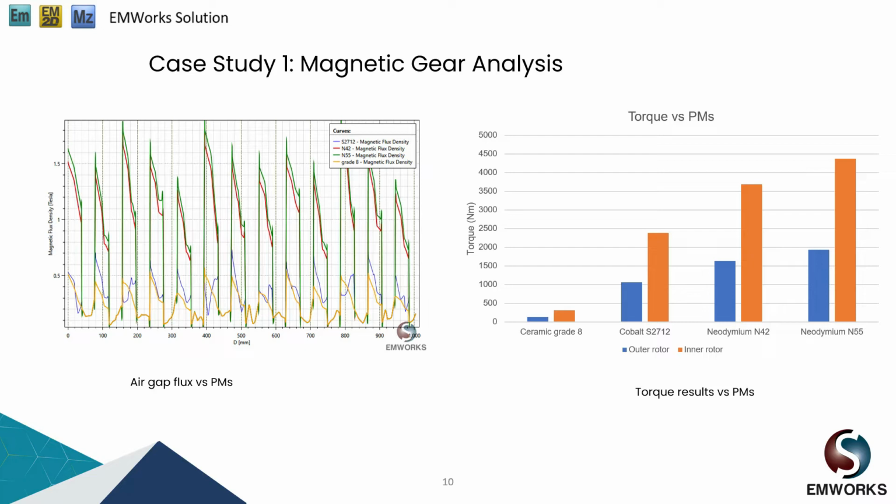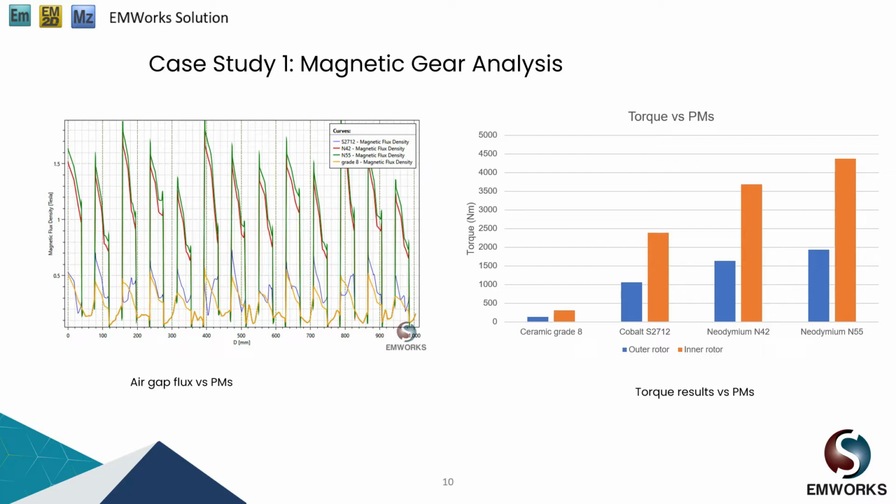This will be also clearer when we see the torque results. The torque increases with the permanent magnet remanence. It can be seen that the neodymium N55 has the highest torque, for both inner and outer rotors, while the ceramic magnet has the lowest torque because it has the lowest remanence.